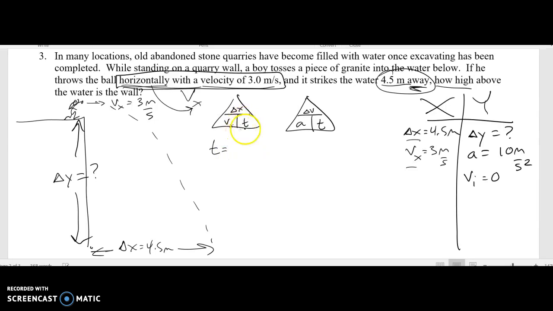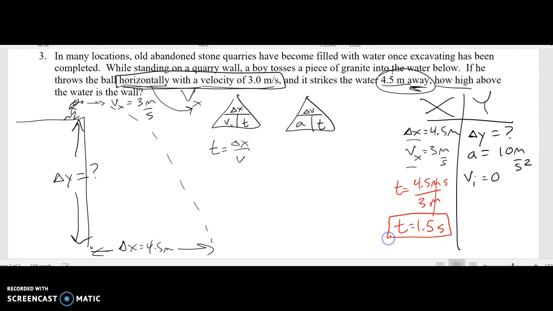Time is by itself, and delta x is over v, so it's delta x over v. So we can now say time equals delta x, which is 4.5 meters, over velocity, which is 3 meters per second. Meters cancel. And we get a time of 1.5 seconds.